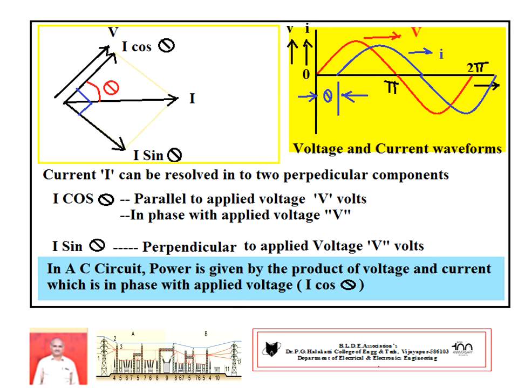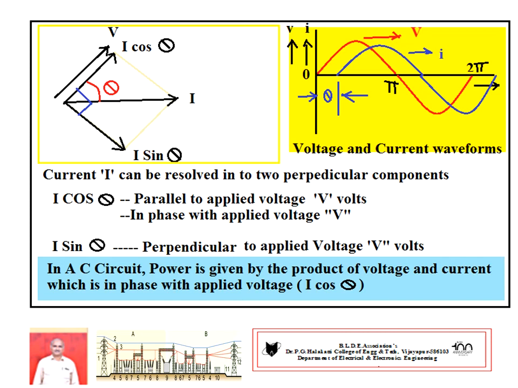Getting the idea? In an AC circuit, the power is given by the product of voltage and current. Which current? The current which is in phase with the applied voltage. Which is the current in phase with the applied voltage? I cos theta.